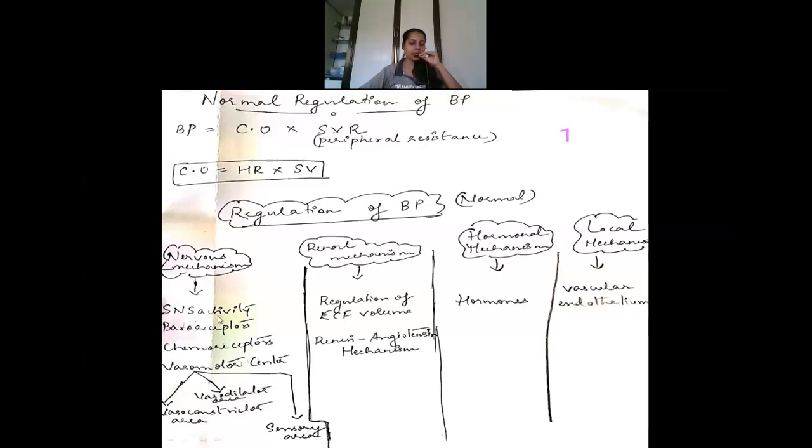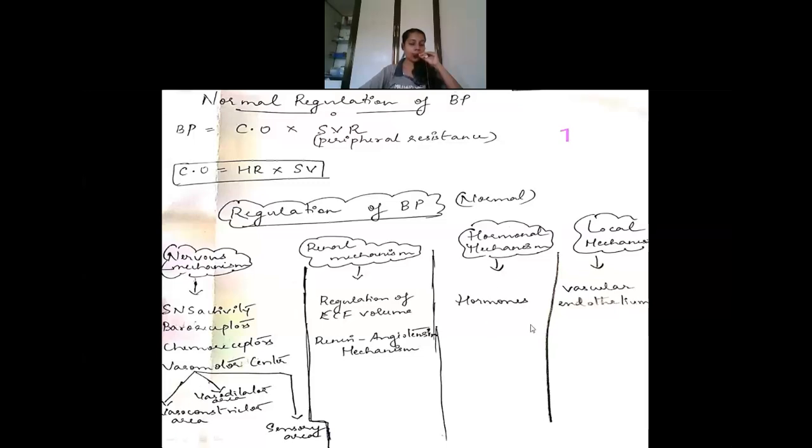Under nervous we have SNS, that is sympathetic nervous system activity. Then we have parasympathetic along with that, baroreceptors, chemoreceptors, and then some vasomotor centers like the vasoconstrictor area and vasodilator area. Under the renal mechanism we have the regulation of extracellular fluid volume and the RAS mechanism, that is the renin angiotensin mechanism.